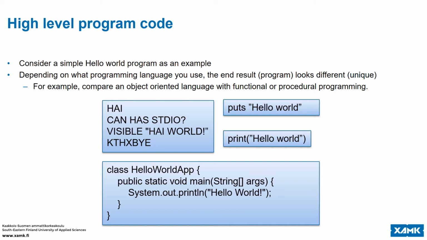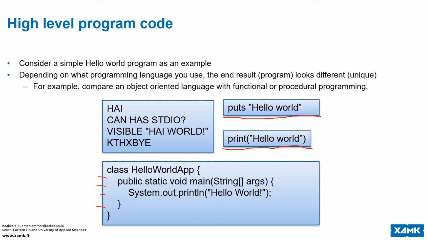Now this example is deceptively simple because even though at best it can be a one-line program such as something like this, this is a hello world program written in the Ruby language. Similar one-line program here written in the Python programming language. And something that's not exactly a one-line program over here, which is written in the Java language.